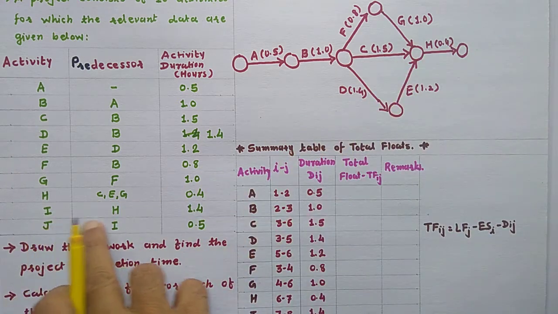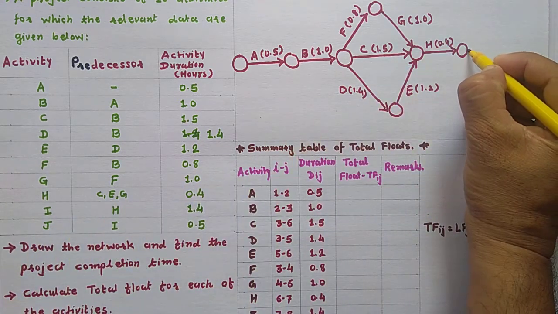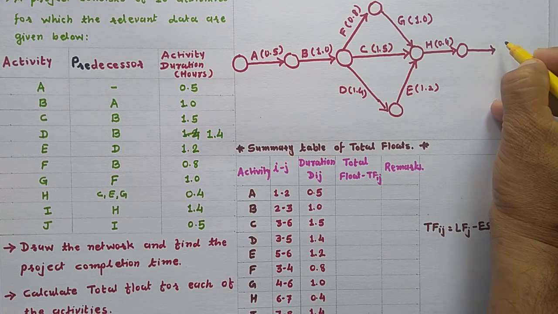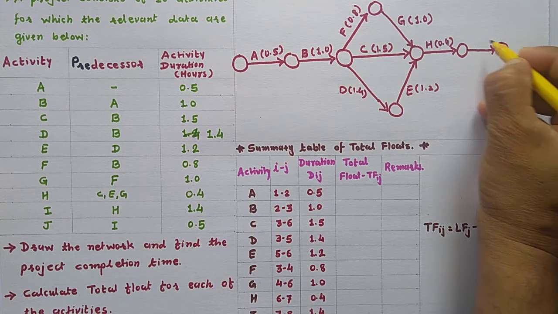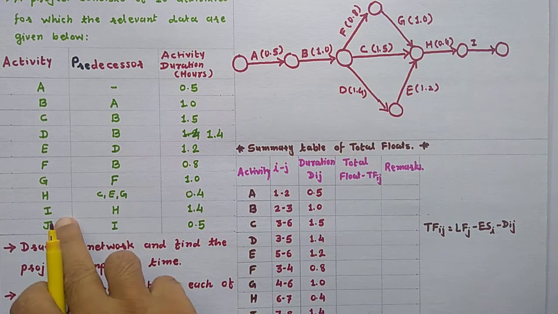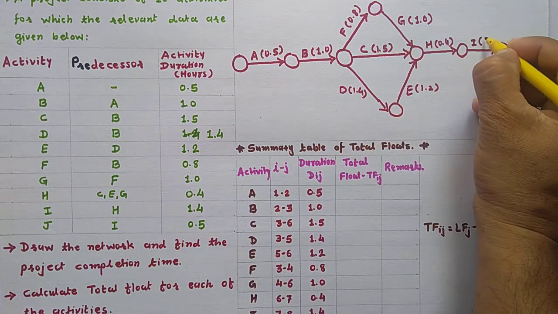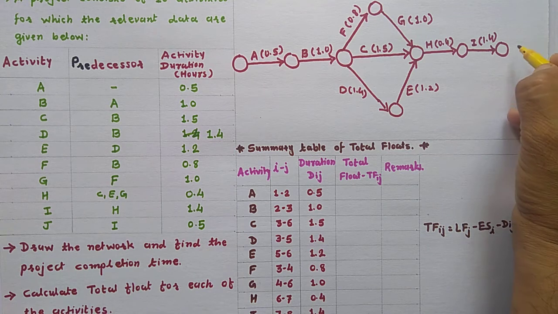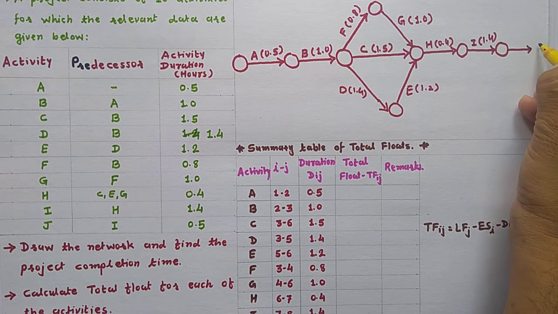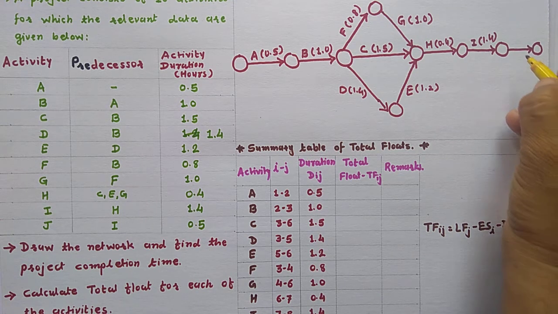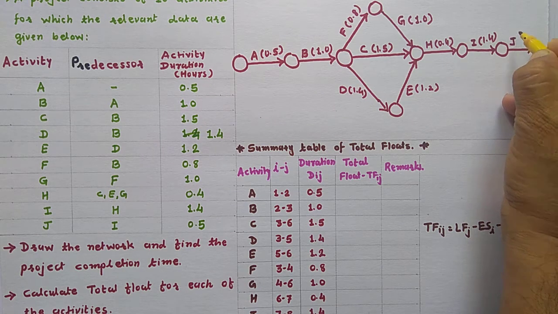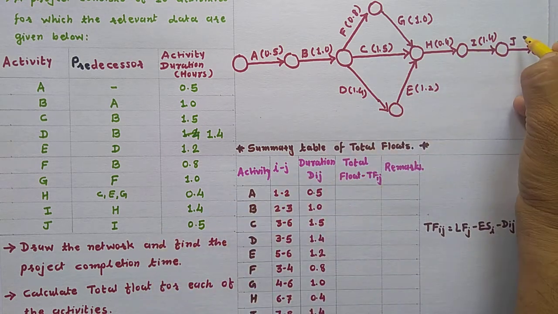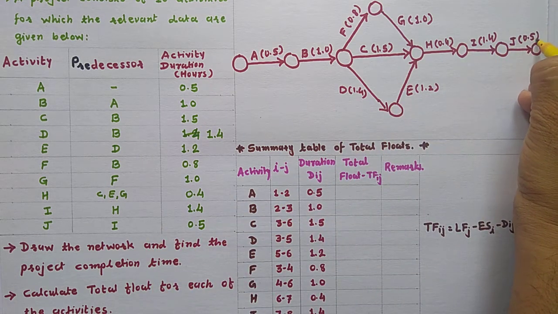Then activity I, predecessor H. This is activity I, predecessor H, and the duration 1.4 hour. And the last activity is J, predecessor I. This is predecessor I and the duration 0.5.